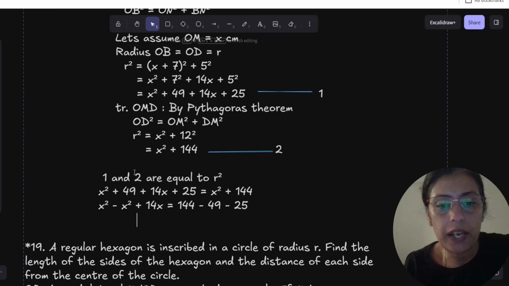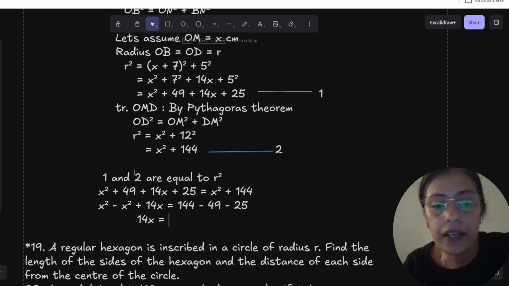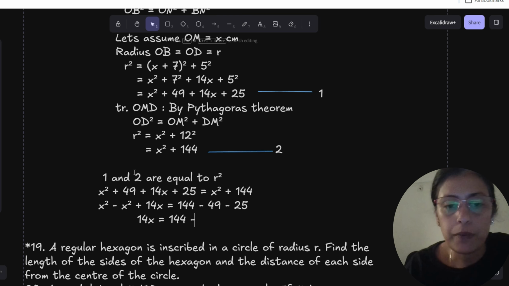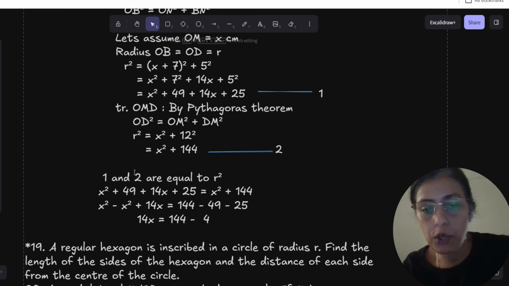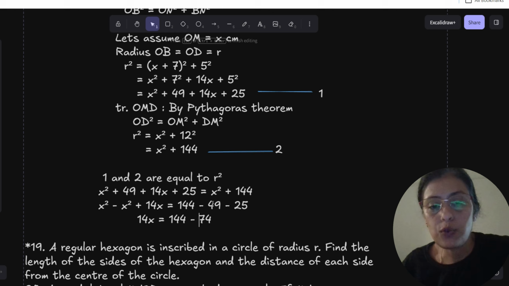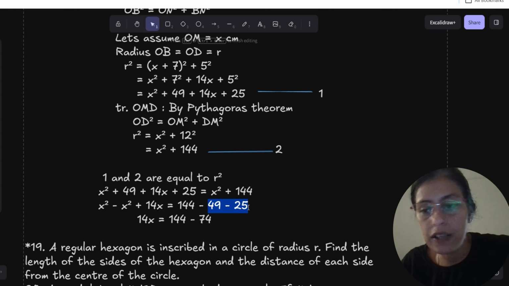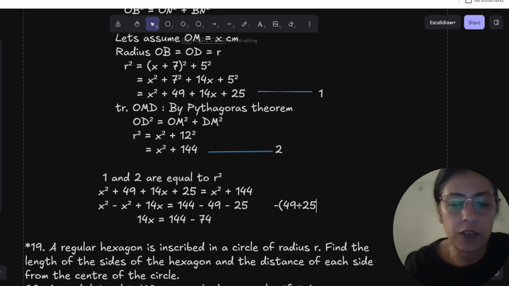So now what we get? X square minus x square is 0. We are left with 14x. And here we have 144 minus what? What I did was add 49 and 25 because this is going to be minus 49 minus 25, right?